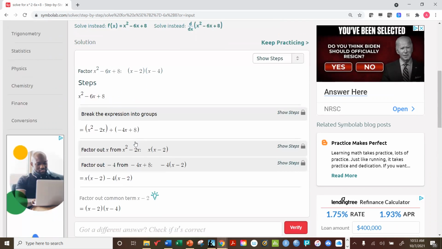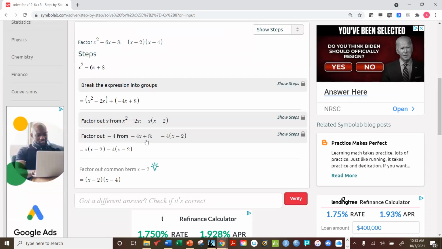Now, I noticed that they're doing it in a different way here. But, ooh, look at that. That's interesting. They're basically rearranging it. But you know what?